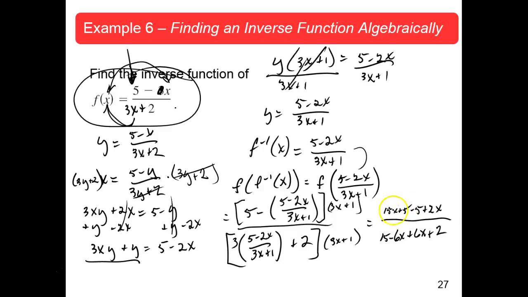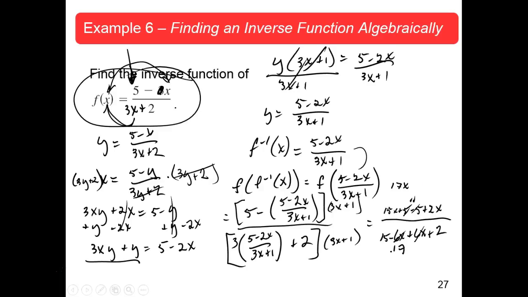Let's simplify that numerator by combining like terms. What do you get? 17x. No, plus 5 minus 5 goes away, right? And in the denominator? 17.